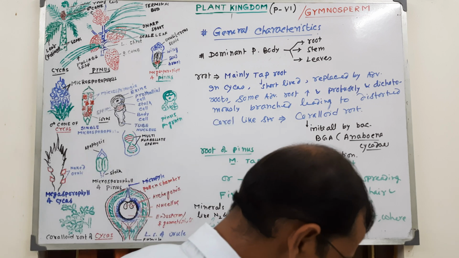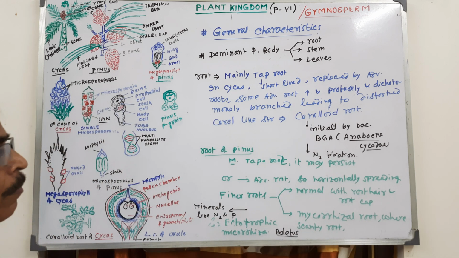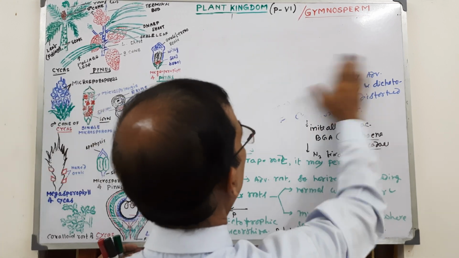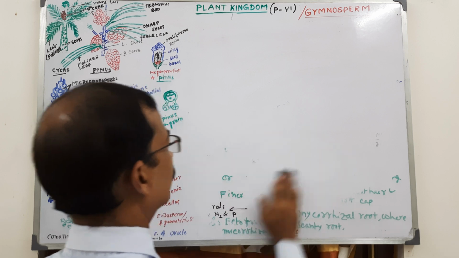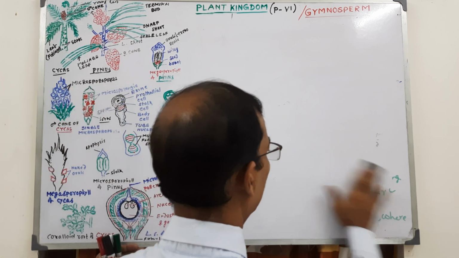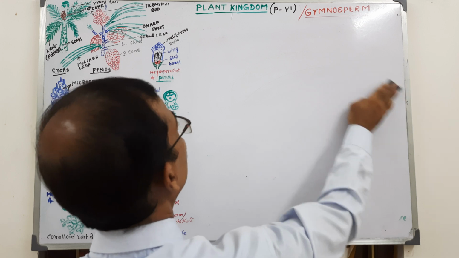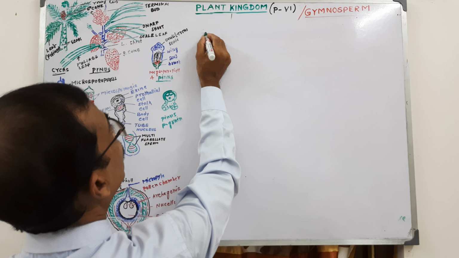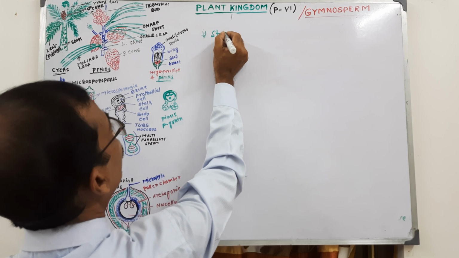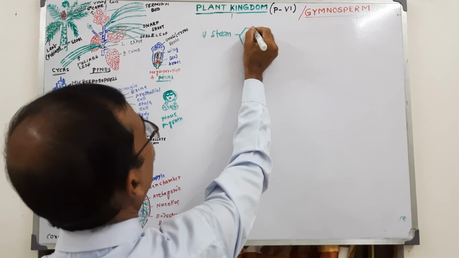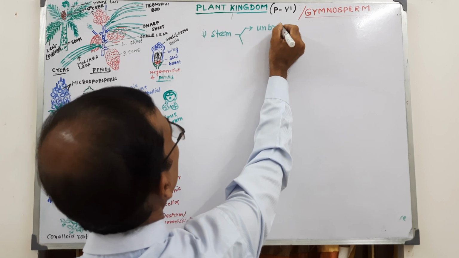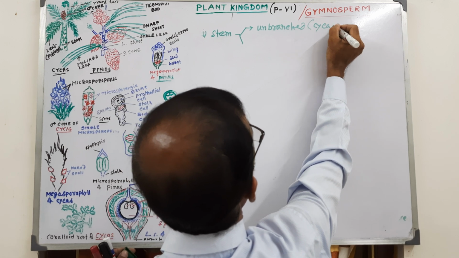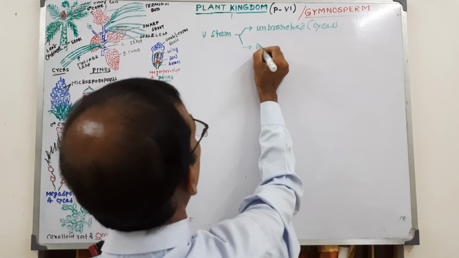Okay. Now about their stem. Their stem may be unbranched, as in Cycas, or branched.